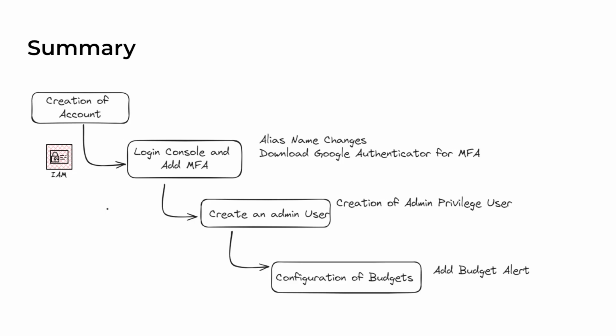Then we have also configured the budgets to alert us based on the free tier usage. Let's say my amount has been exceeded, so it will alert us via mail. So this was a summary of what we have done till now.